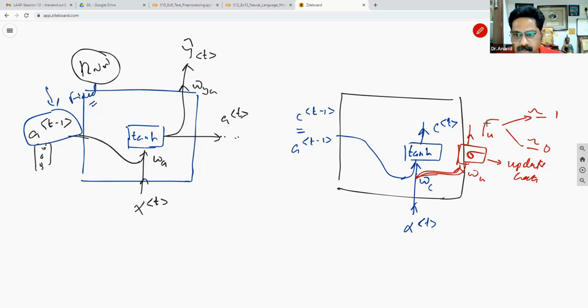So along with this tau U, this CT is being scaled by this guy tau U, and you are going to get the scaled version of the CT, or the gated version of CT. So let me write this CT as a gated version of CT.